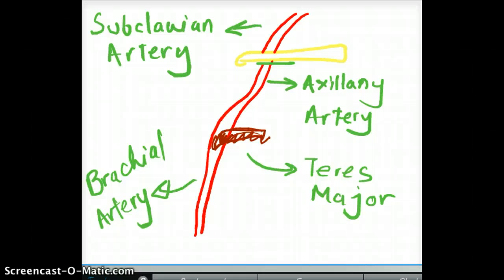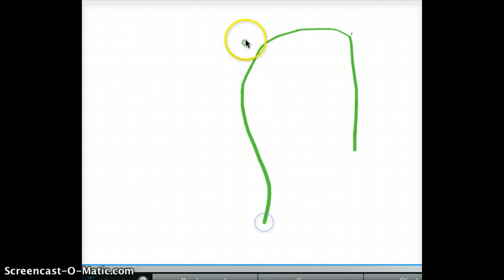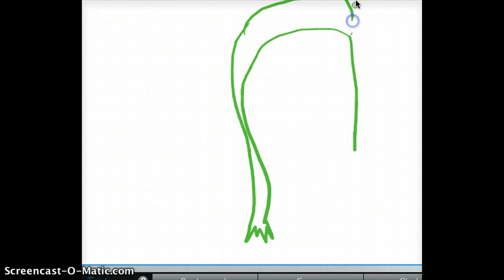So now that we have that under control, let's talk about the axillary sheath. Let's imagine that this is the guy who was in the accident, and this is his arm. I'm just drawing an over-exaggerated diagram because I'm horrible with drawing pictures.